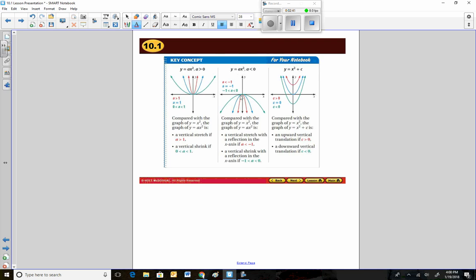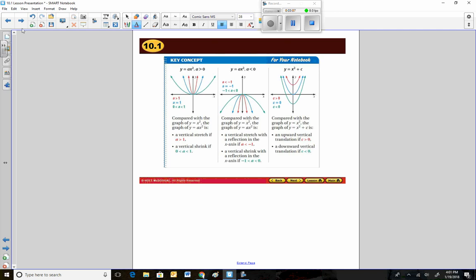If you have the green, you'd have a fraction for the a value, and negative, of course. So it'd be like negative 1/2 x squared, which would cause it to get wider, or we also call that shrinking. All right, and then of course, if we want to move the actual vertex, we just put a plus c at the end.